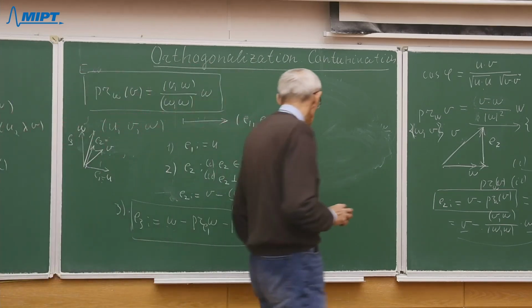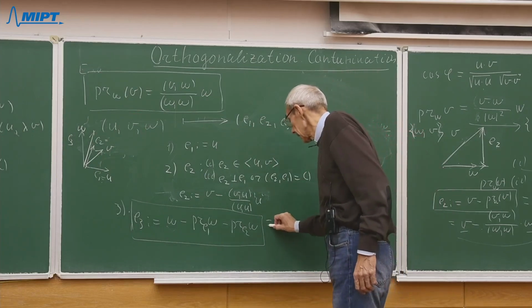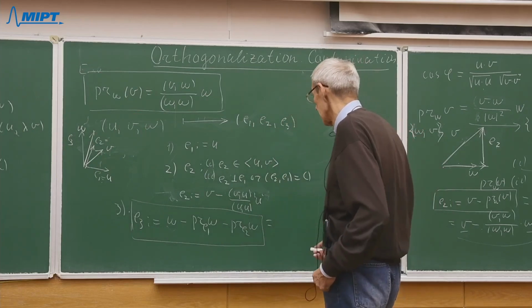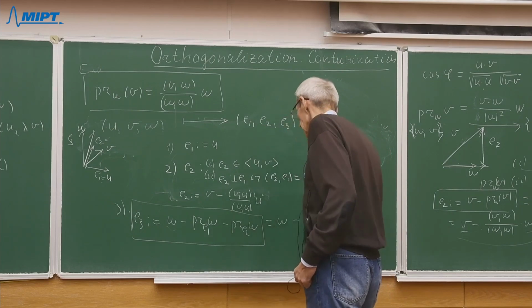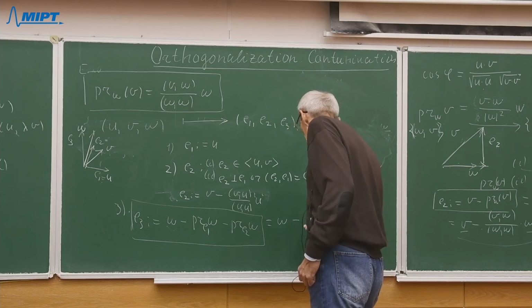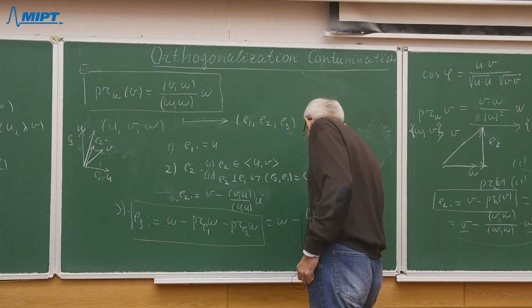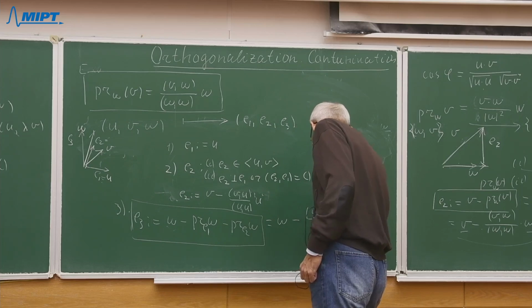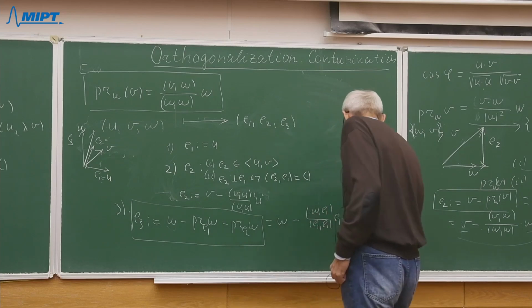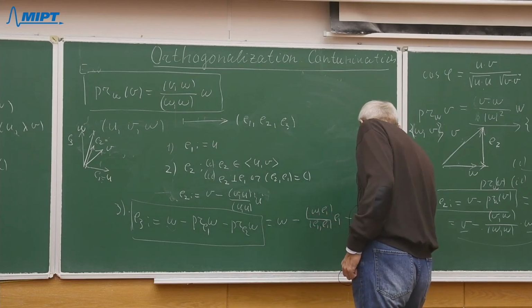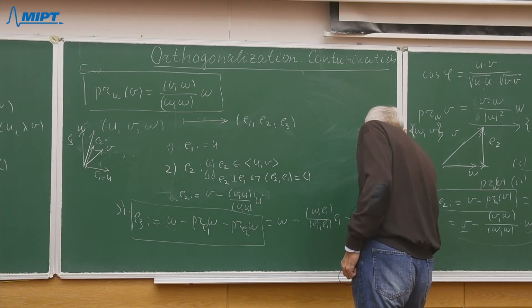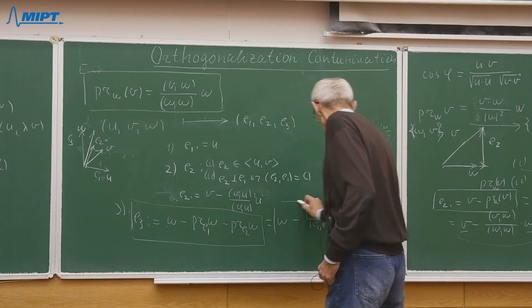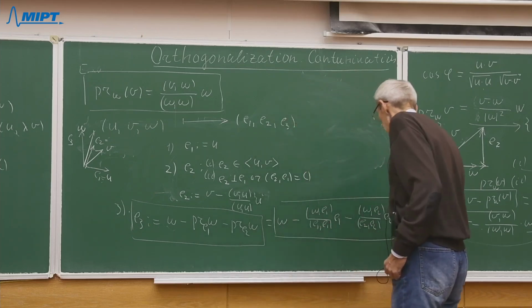This is the main idea. And after subtraction, we obtain the following formula for the third vector.